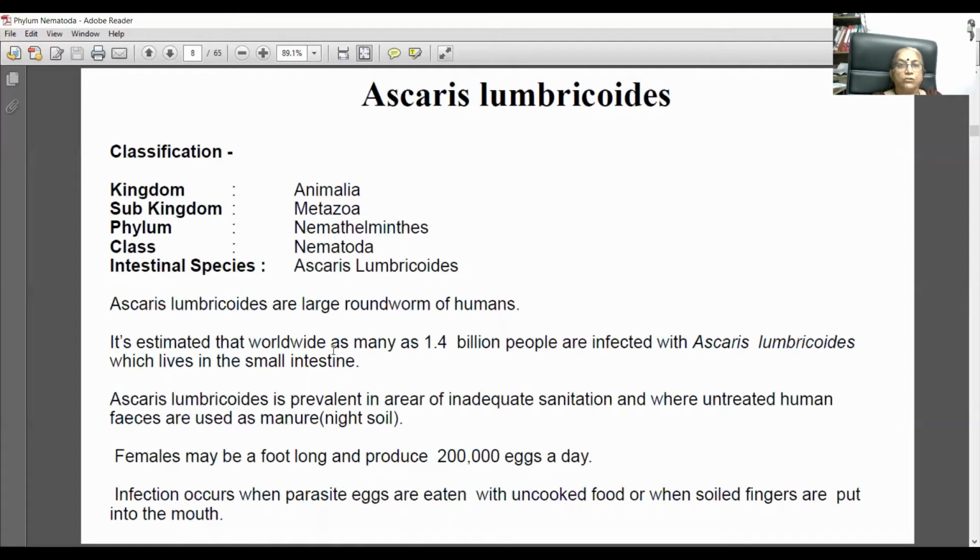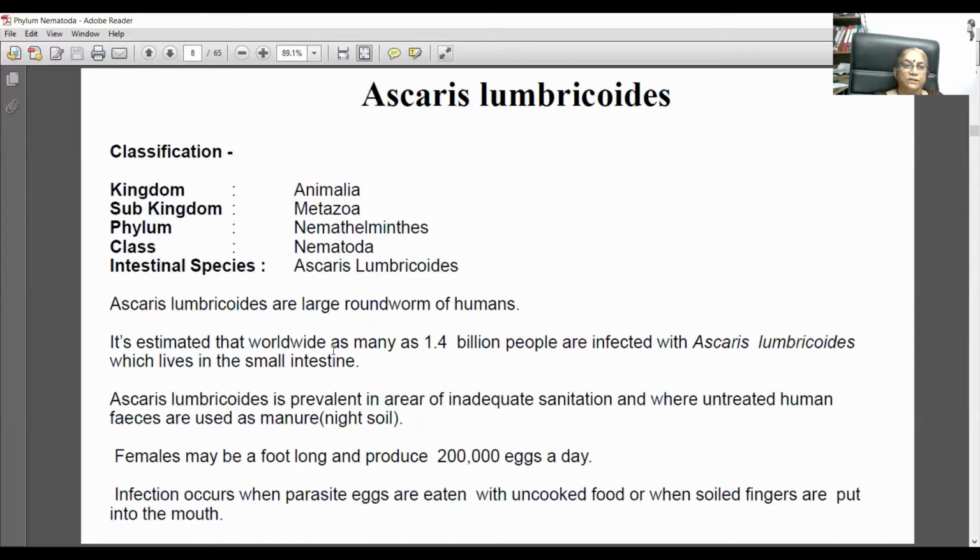They are the largest roundworms that are parasitic in human beings. Around 1.4 billion people worldwide are infected with Ascaris lumbricoides, and this Ascaris lives in the small intestine of human beings. Ascaris lumbricoides is prevalent in areas with inadequate sanitation and where untreated human feces are used as manure.